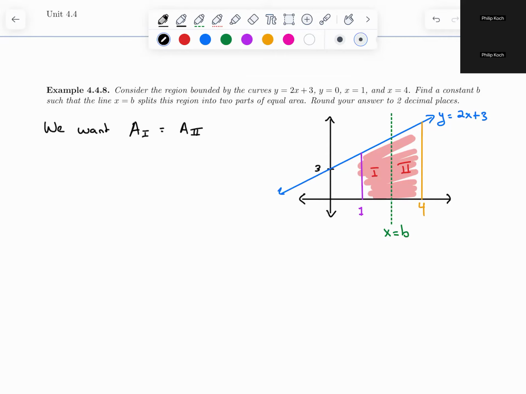That's what we want. What I'm doing right now is trying to write the problem statement from English into mathematics, and sometimes that can help me gather more information. So I want the area of region 1 to equal the area of region 2. What's the area of region 1?